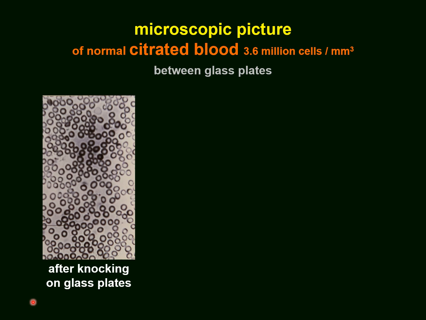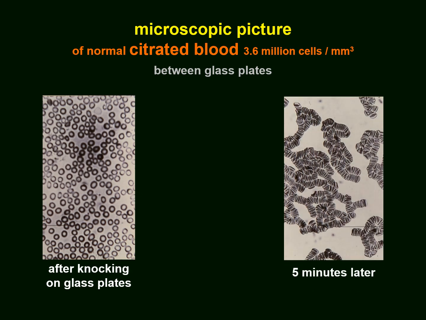After knocking on the glass plates, the erythrocytes are separated from each other. Giving them time, 5 minutes later they will form these large chains. Again, it should be emphasized that these were identical magnifications.